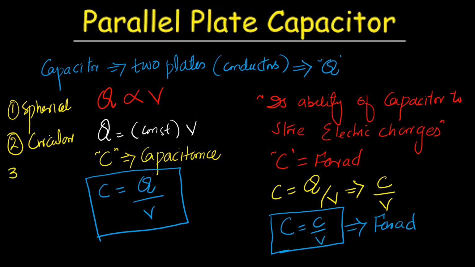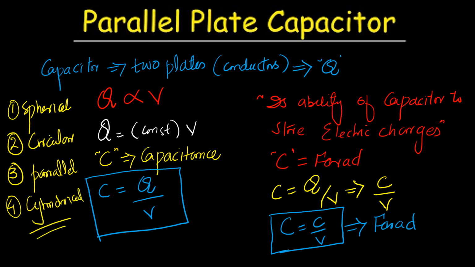Most commonly, the capacitor used in electronic devices is the parallel plate capacitor. A capacitor may also be in a cylindrical shape, and such capacitors are known as cylindrical plate capacitors.